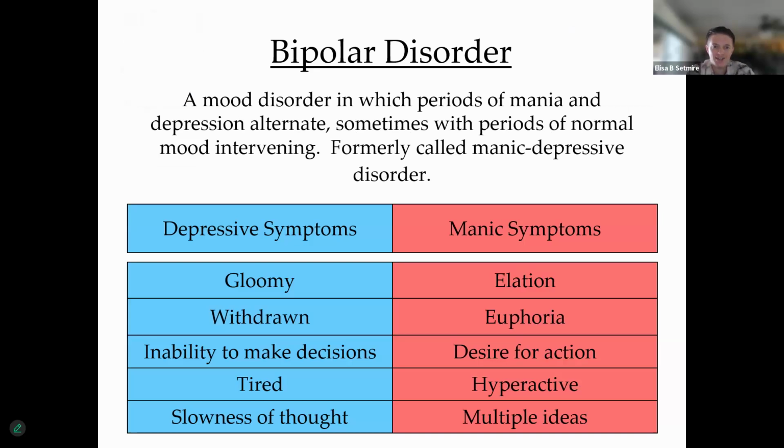It used to be called manic depression, which makes sense, right? Mania and depression. But technically, there are two levels of mania, mania and hypomania. So we changed it to call it bipolar disorder. And with this disorder, what we see is that people have alternating periods of very low mood, followed by very high mood, and oftentimes normal mood in between, right?